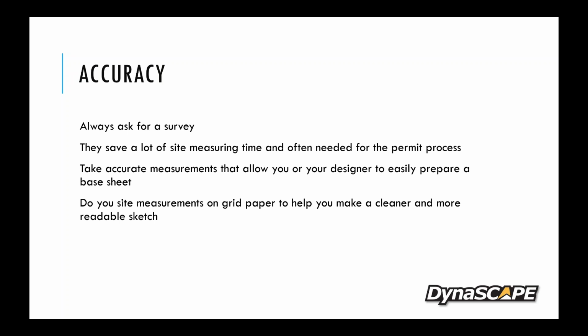What it allows you to do is take your sheet and offset lines literally at the click of a button. You're basically creating a grid sheet, or grid paper, just like we would buy at a draft store. So you can create grid paper in DynaSCAPE Design. We made a couple different sizes.